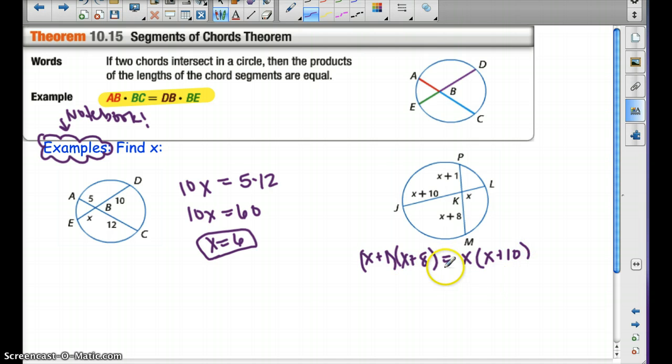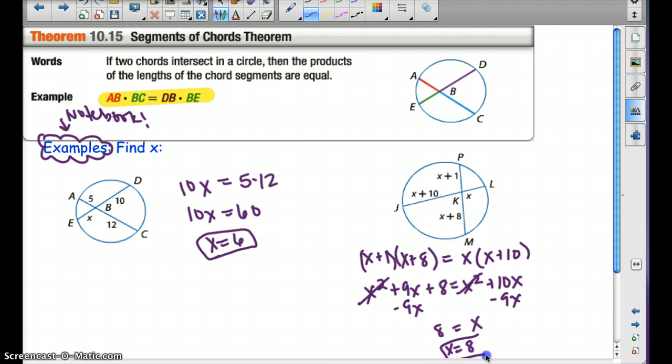So we're going to FOIL this out, and we end up with x squared plus 9x plus 8 equals x squared plus 10x. If you notice, the x squareds cancel out, and we're going to subtract 9x from both sides. So we get x equals 8, and that would be our answer. So that's using theorem 10.15.